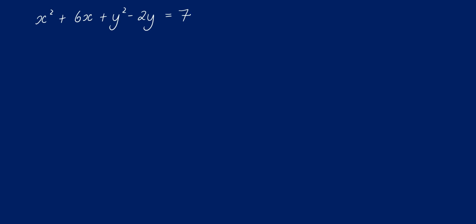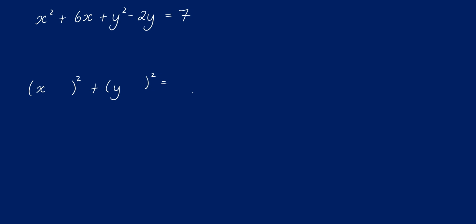And what I want from you is, can you tell me the center and the radius of that? Which means you have to put it in the form (x something) squared plus (y something) squared equals your radius squared. Now, in order to do that, we have to cast our minds back to completing the square.